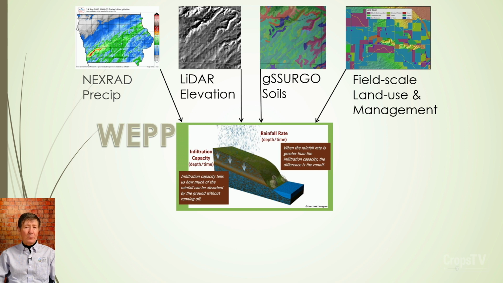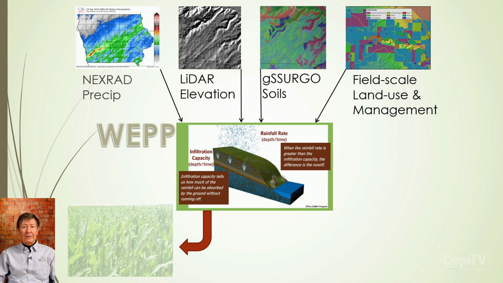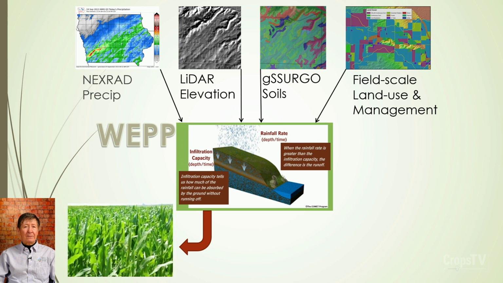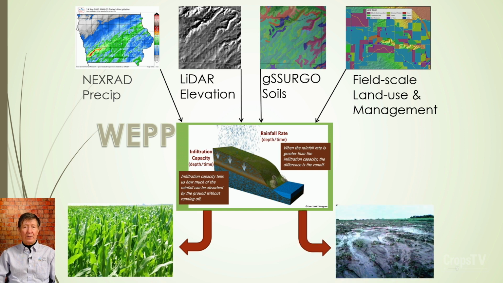And then within each field, we make an estimate of what management practice is being used and what crop is being grown. The model then spits out an estimated crop yield, which is interesting but not too important for us, and it gives us water runoff and soil erosion.